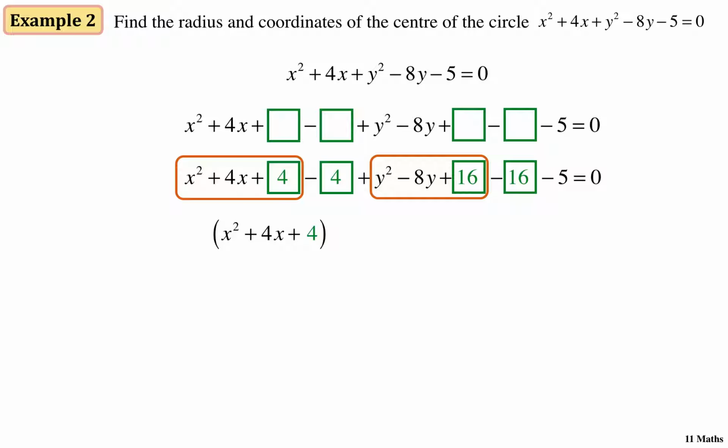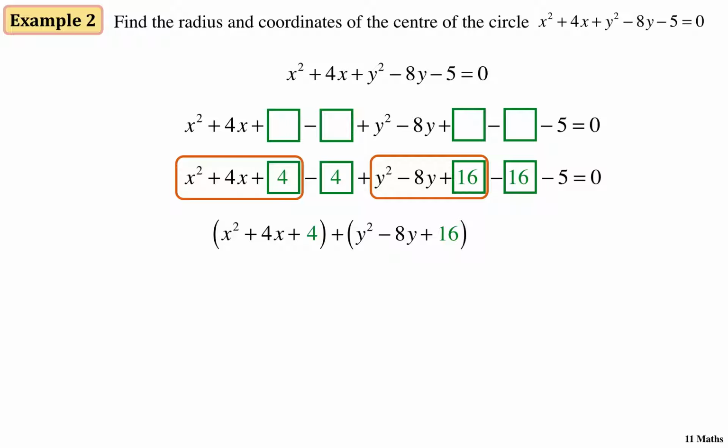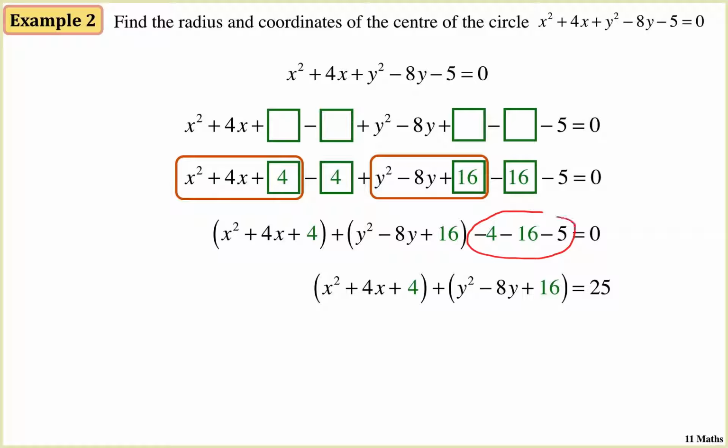What I do first is tidy up these number parts, the minus 4, the minus 16 and the minus 5. The first two orange boxes don't change, and the other numbers: minus 4 minus 16 gives minus 20, take away 5, minus 25. That minus 25, when I add it to both sides, will generate my plus 25.